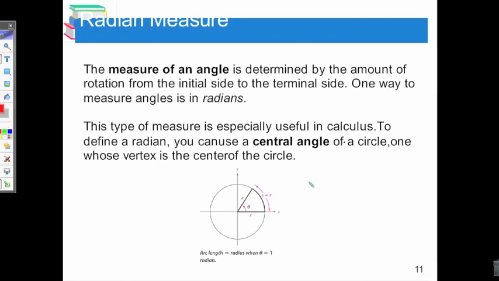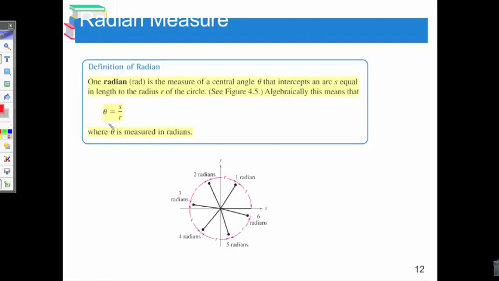Because the formula for one single radian, based upon the idea of arc length, right here we have an equation for one single radian, theta. Theta being the variable we use for some angular measure. And what it equals is the arc length that's traveling over the radius of the entire circle.